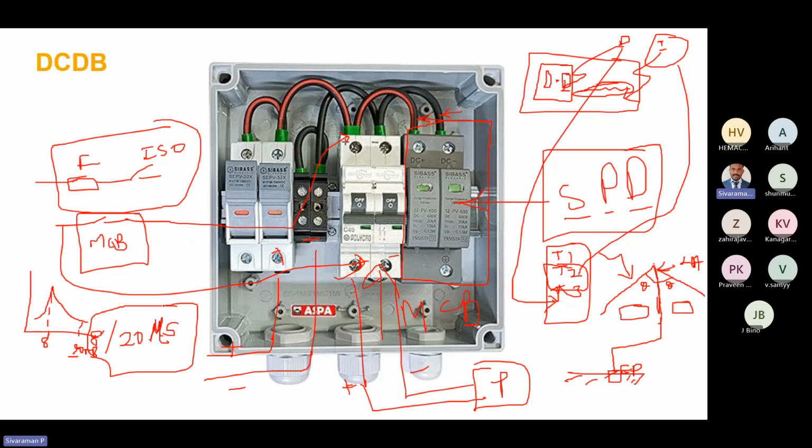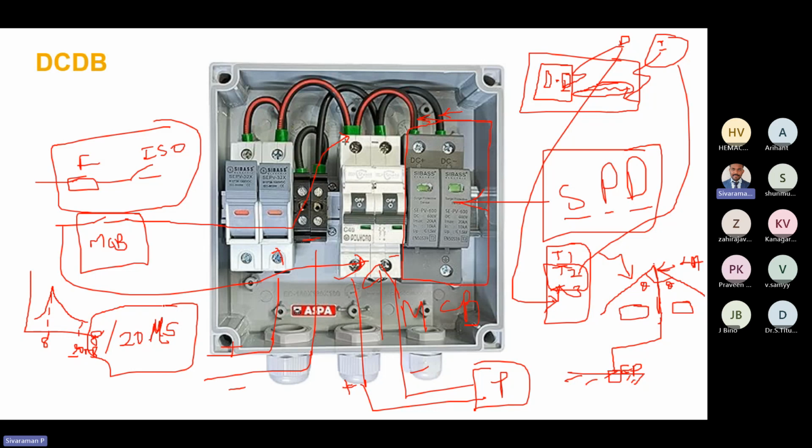And I have explained about AC versus DC ratio. I gave two examples, 1 versus 1 DC ratio and 1 versus 1.5 DC ratio, and also calculated the stringing design.